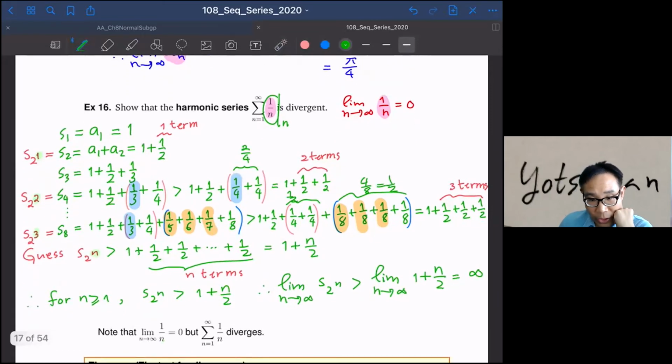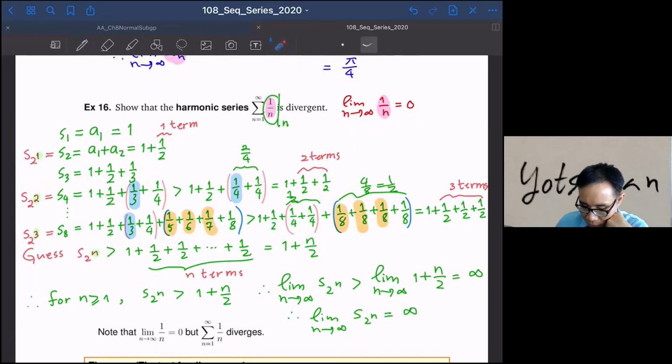So what does it mean? It means that the limit as n goes to infinity of s of 2 to the n turned out to be equal to infinity.